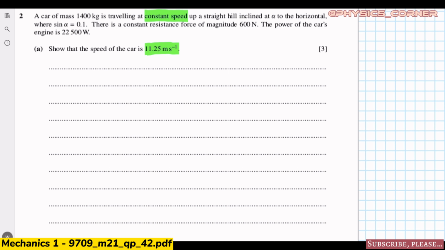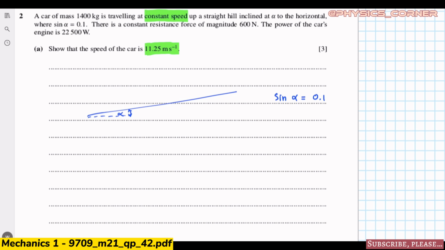When we have an inclined road, we have angle alpha, and sine alpha is 0.1.